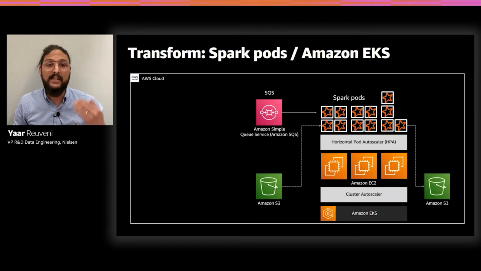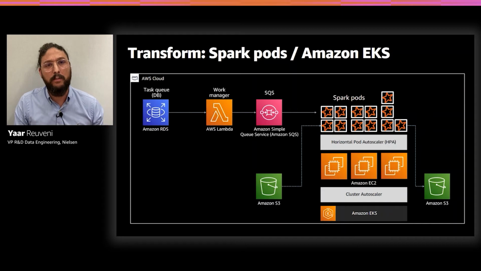Now, again, in this side of the architecture, we also have a work manager Lambda that is listening to the incoming tasks we have in an RDS management database. These are basically those segments generated by our DMP. And our work manager here is the component that allows us to control our processing strategy in the transformer, so choosing how many bytes or events or files we have per task.